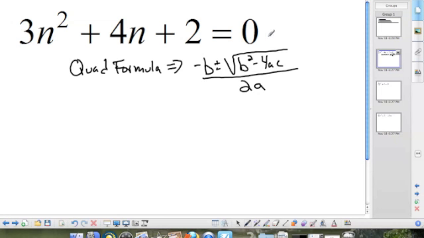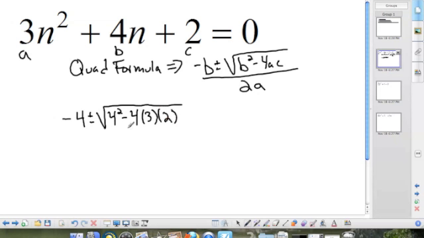I have my quadratic already set equal to 0, so I know my a is 3, my b is 4, and my c is 2. So using substitution, I'm going to have negative 4 plus or minus the square root of 4 squared minus 4ac all over 2a.